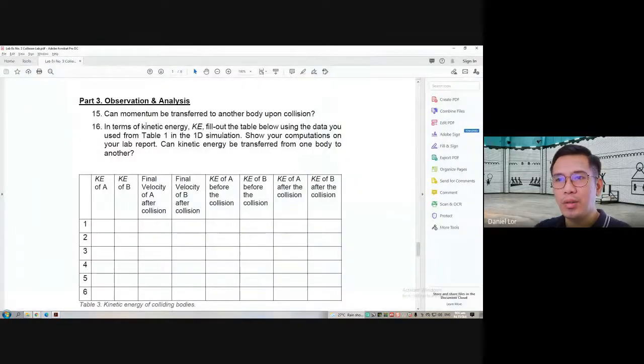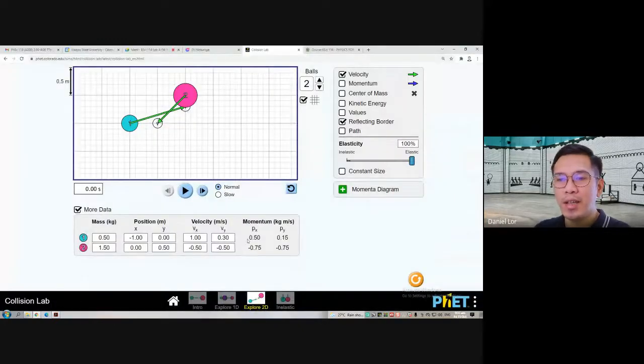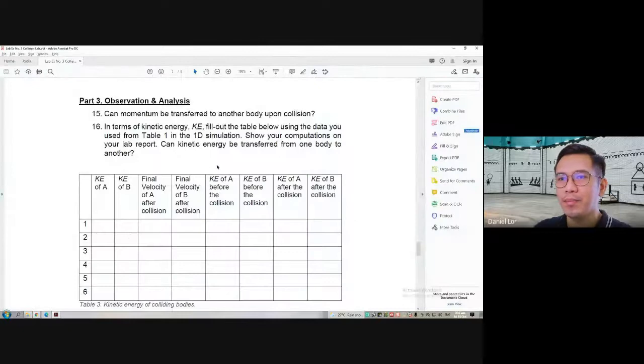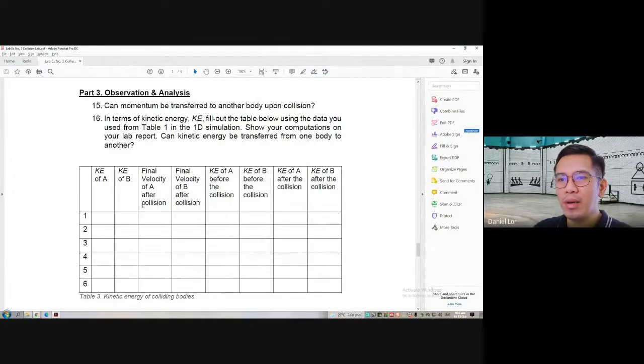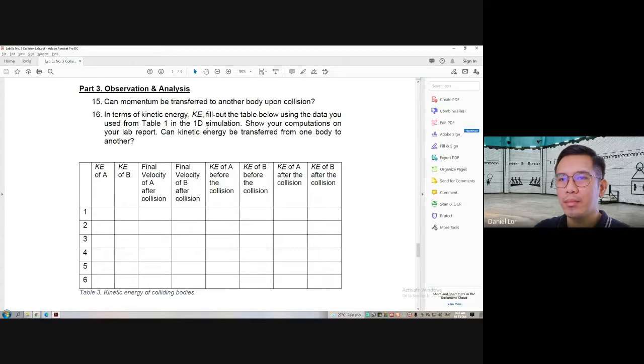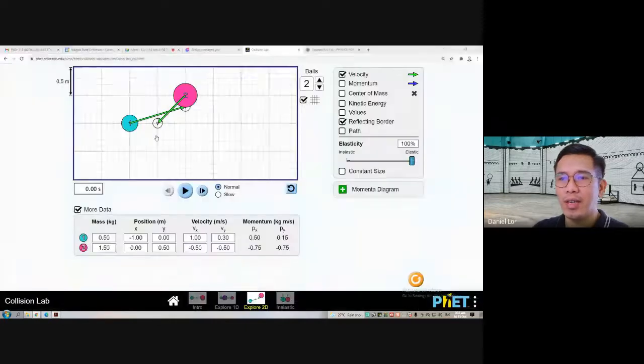Balik sa procedure sa buhaton. So we have to compute for the kinetic energy. So na kay velocity, na kay mass, you can now compute for the kinetic energy. Inyong i-fill out in table and you have to show all your computations sa inyong lab report. The last question is, can kinetic energy be transferred from one body to another? The answer is yes.